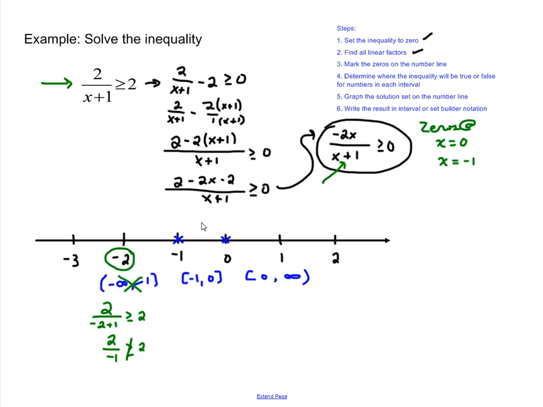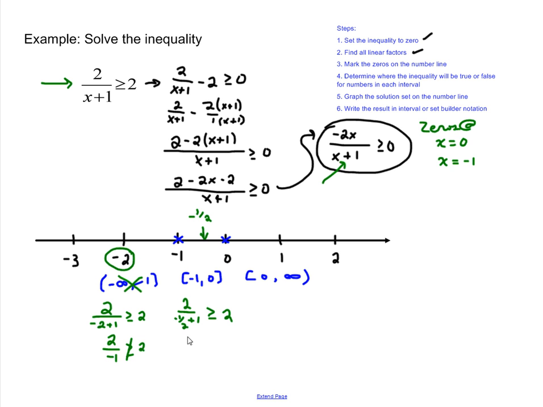But we definitely need to get a number somewhere between negative 1 and 0. So let's choose one here at negative 1/2 and test it. So I'm going to use my original expression, 2 over x plus 1 greater than or equal to 2. So I'd have 2 over negative 1/2 plus 1. And I want to find out if that's greater than or equal to 2.